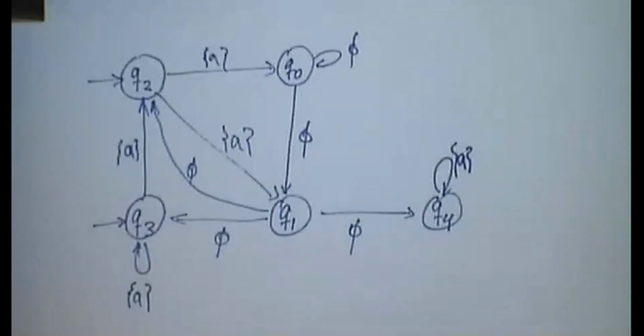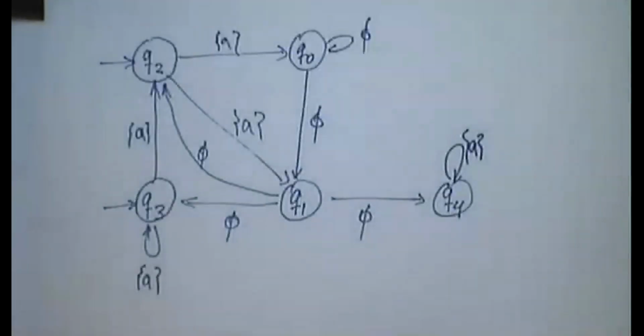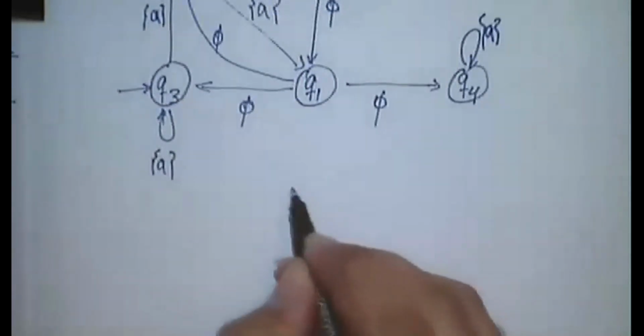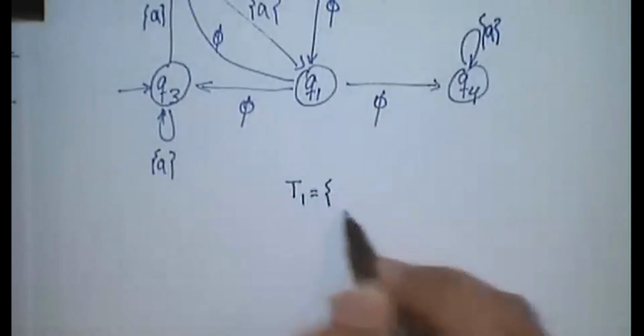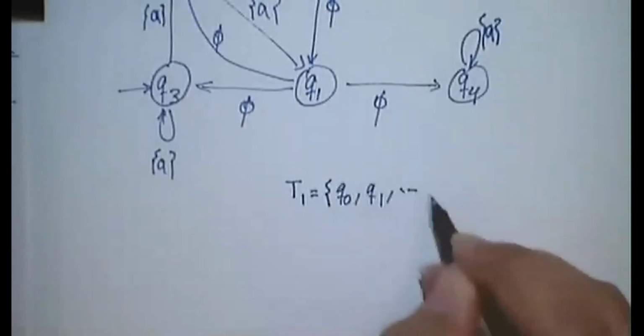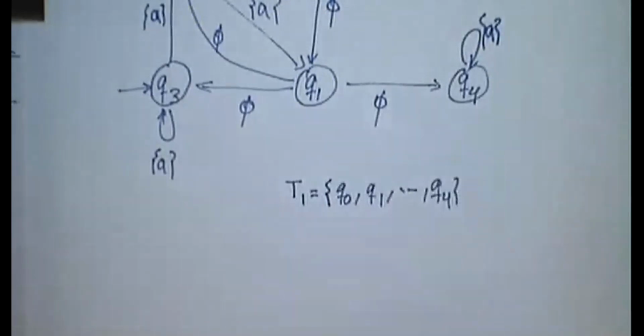Now, okay. So we talked about which states are our initial states, and these were the states that have phi in them, so Q2 and Q3. But now let's talk about our accepting state, our accepting condition. So first of all, we said that we should have this Boolean set T1, which is all of our states, Q0, Q1 to Q4, because we want to reject any path that is finite.